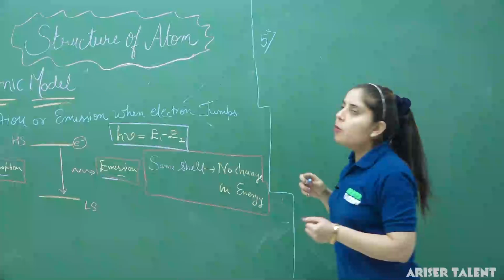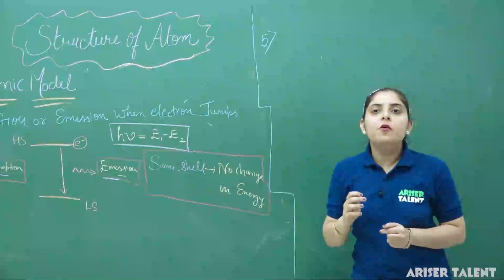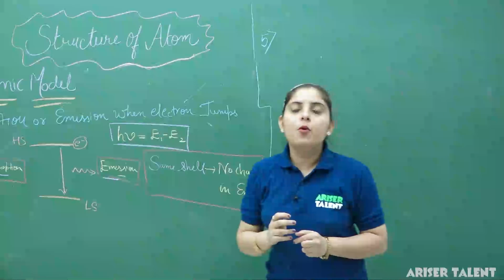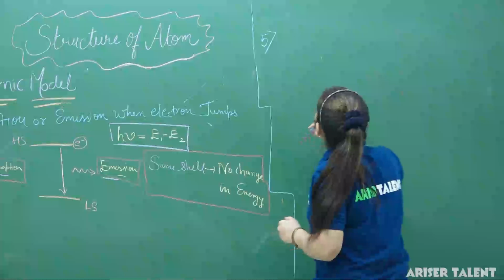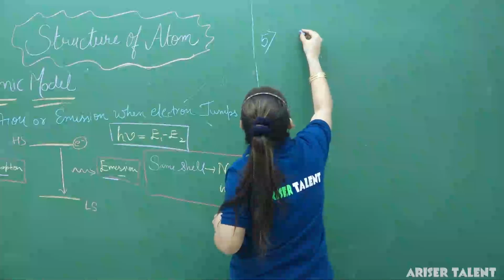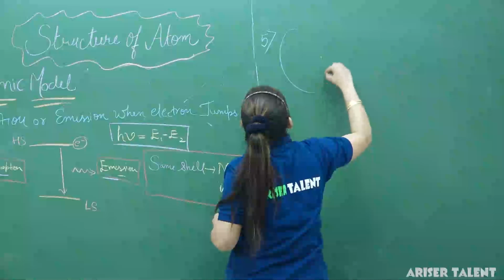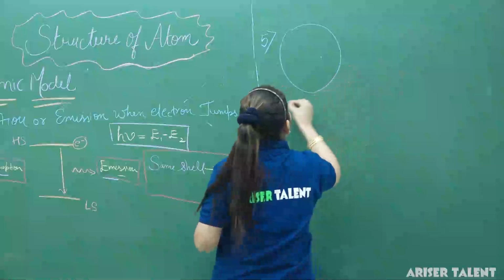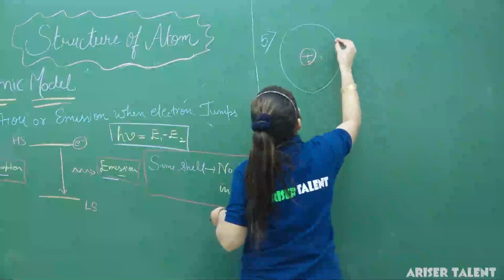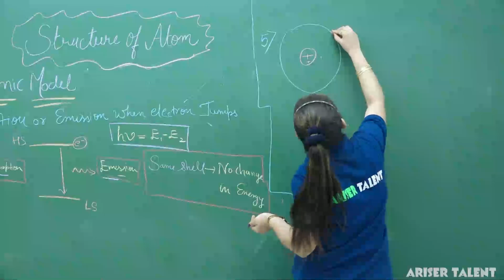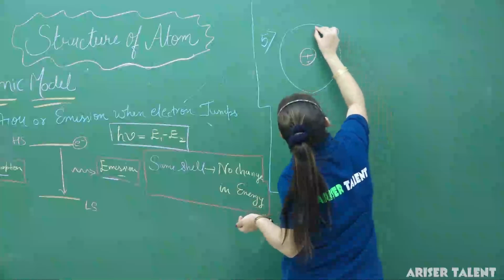The fifth postulate is that the angular momentum will be equal to... We have the nucleus at the center and there are electrons revolving around the nucleus.